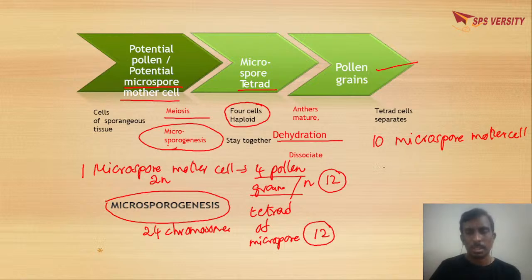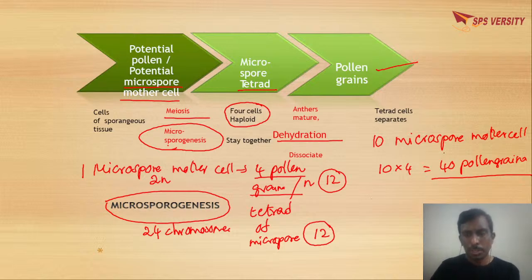That means 10 multiplied by 4 gives 40 pollen grains. You should remember such numericals for answering questions in NEET. From 10 microspore mother cells, 40 pollen grains are formed.